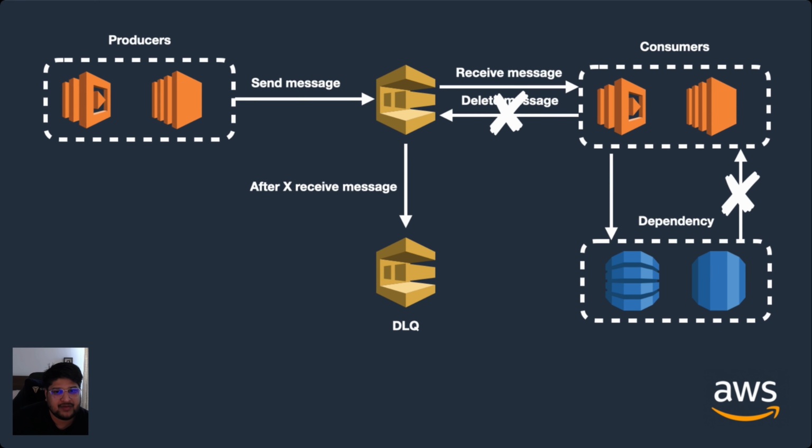Thus we can investigate without impacting the performance of the application, since the messages are removed from the main queue so that other good events that come in get processed by consumers. So that is the concept of dead letter queue in AWS. Next we will create a queue and the corresponding dead letter queue, and see a live example of how exactly it works and how the events are moved.